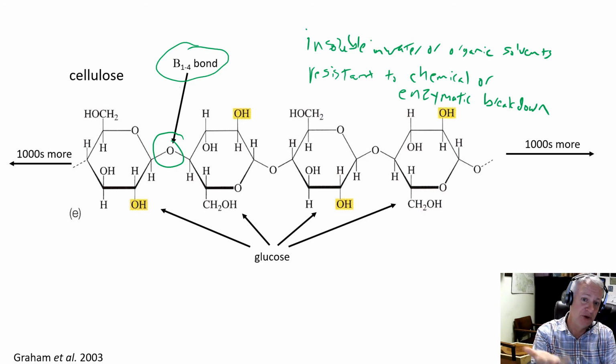So humans, we don't derive energy from cellulose. We pass cellulose all the way through our digestive tract. Now there's value in that. Obviously, when your doctor tells you you need more fiber in your diet, what that doctor is telling you is that you need more cellulose in your diet.